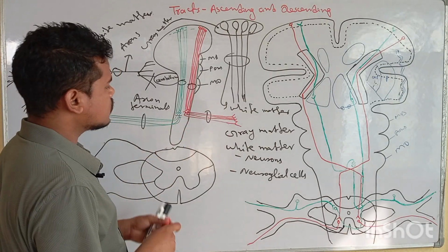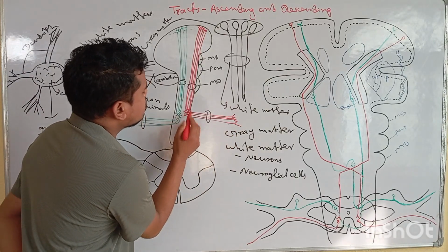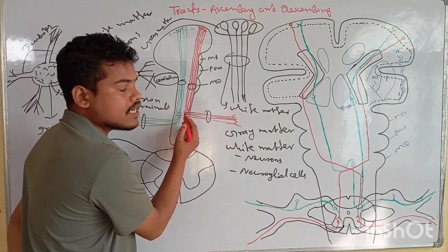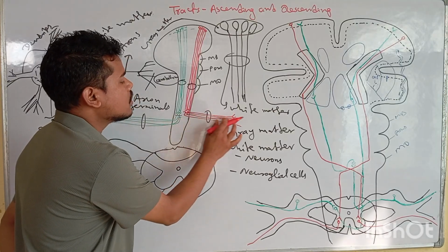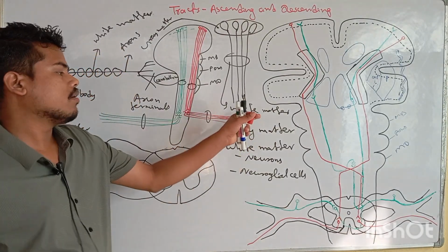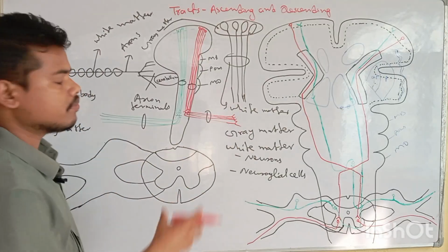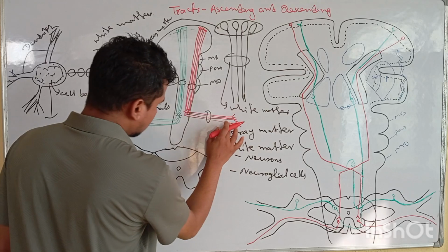For the sake of convenience, I have drawn a photo here. If this is the motor system, from the spinal cord, lower motor neurons will arise, and these lower motor neurons will be supplying the musculoskeletal system, mainly the skeletal muscles.